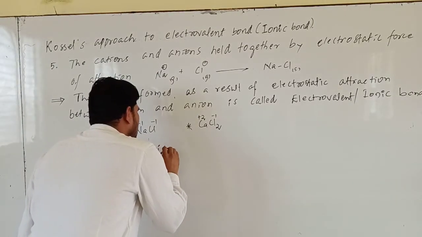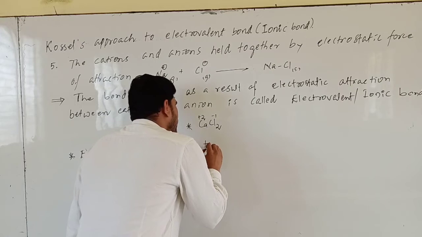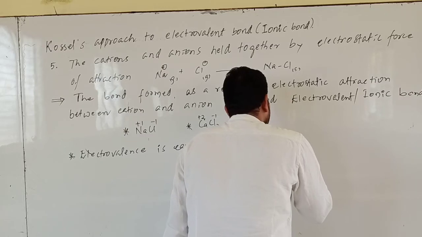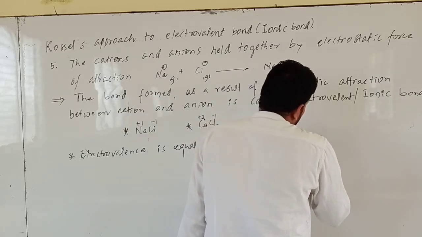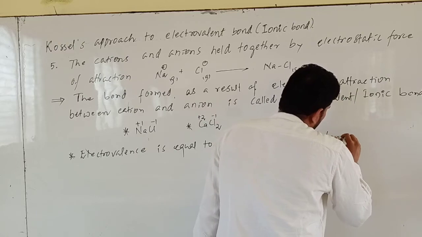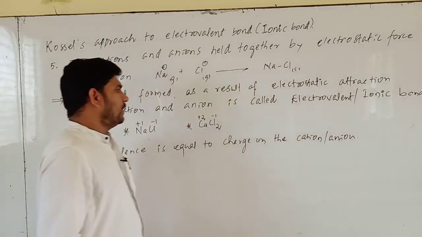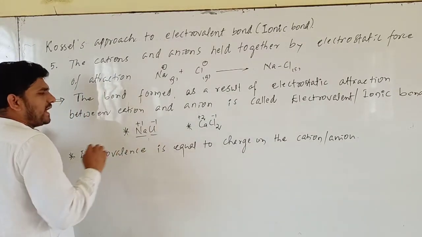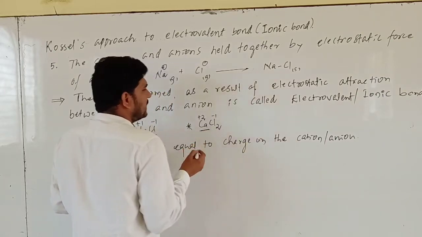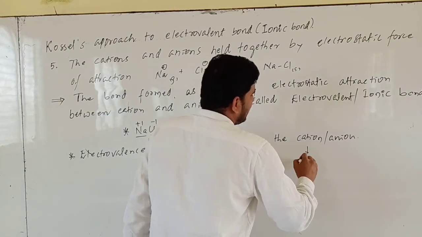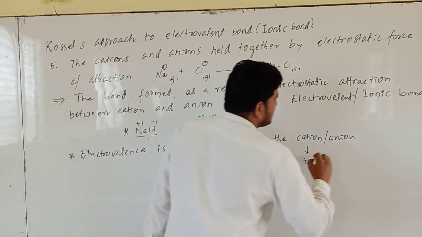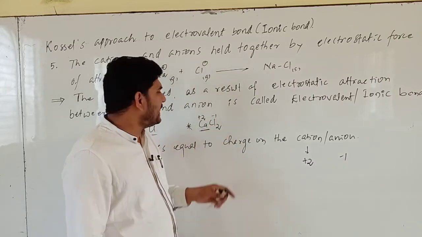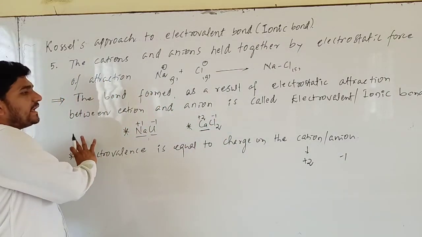Electrovalence is equal to the charge on the cation or anion. In case of NaCl, +1 is the electrovalence. But in calcium chloride, Ca cation has an electrovalence of +2, and Cl has an electrovalence of -1. Totally it becomes -2 only. This is called electrovalence.